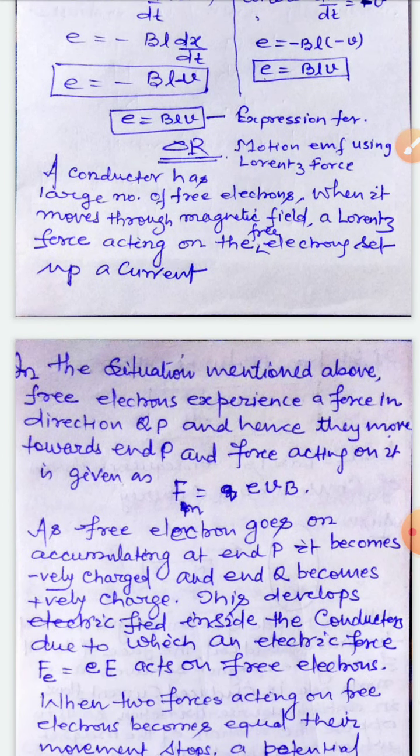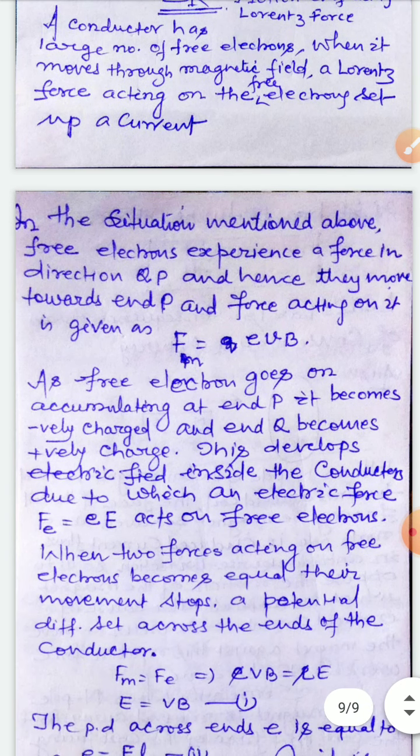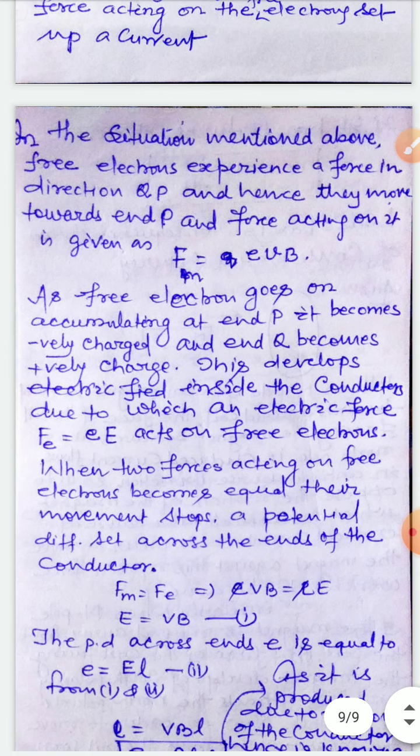So because of this magnetic force, the free electrons inside the conductor will move towards the end P, as a result of which these free electrons get accumulated at the end P, so it becomes negatively charged, and the end Q becomes positively charged, as a result of which an electric field is established inside the conductor, due to which an electric force will also act on the free electrons.